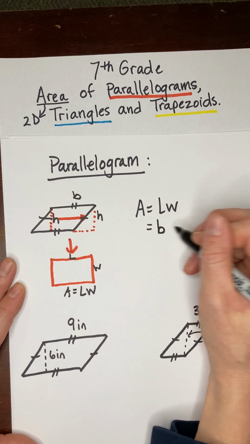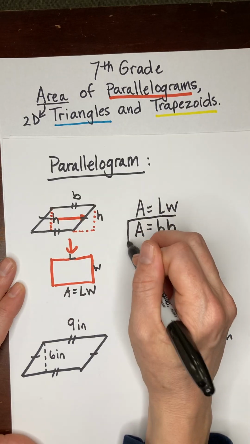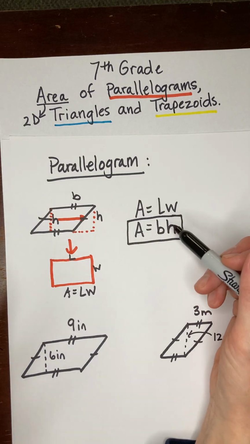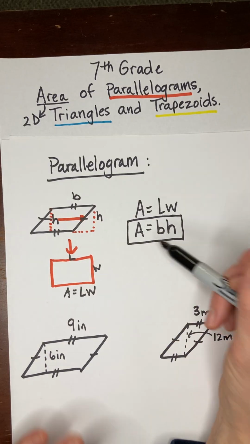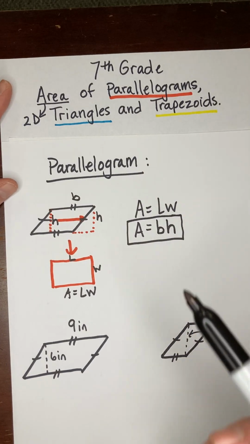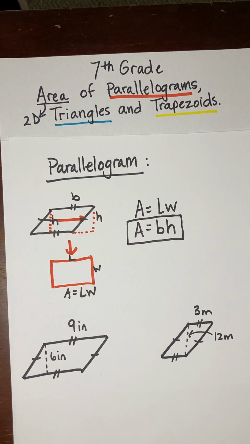So we're going to call it base times height. It's the same as a rectangle, same concept, length times width, but we're going to call it base times height. And in the triangle one, you're going to see why, because we're going to need the base and the height notation. So let's go ahead and apply this formula.